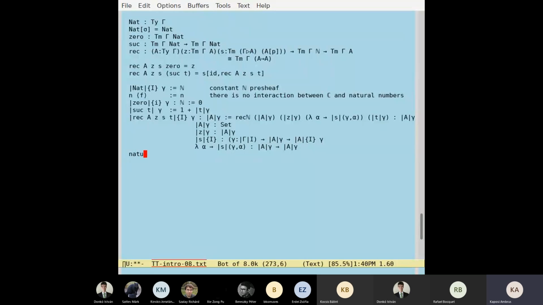And then naturality. So for all of these operations, naturality needs to be checked, okay? For zero and successor, naturality is very trivial because I defined restriction by just constant function, so it doesn't matter. Here it's a bit more subtle because I need the naturality of A to prove naturality of recursion.